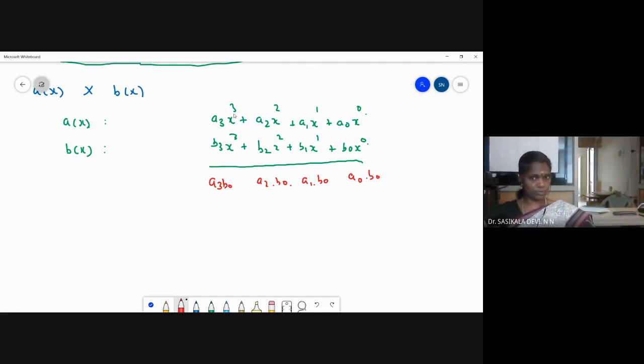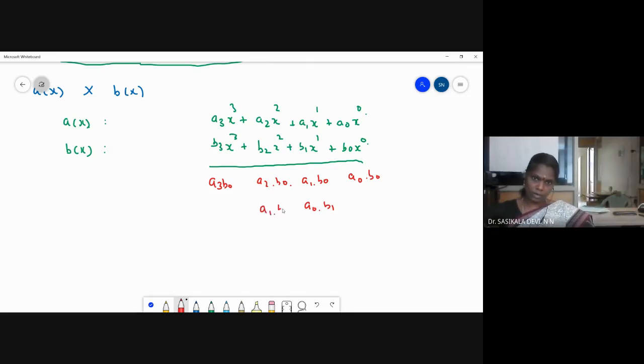These are the coefficients of x power 3, x power 2, x power 1, and x power 0 respectively. Let's continue. The b1 is multiplied with a0, and since this is x power 1 times x power 0, this will be an x power 1 term, so the value will be a0 into b1. Then b1 is multiplied with a1.